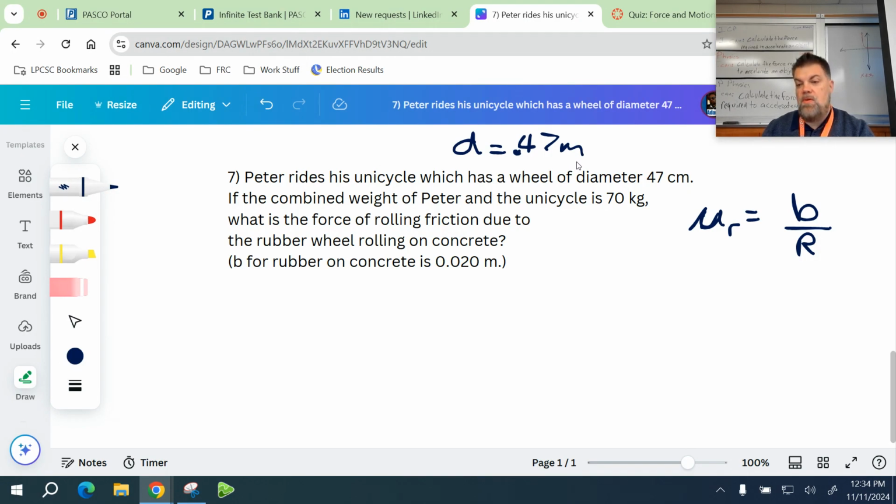And so then 1/2 of that is what the radius would be, which would be 0.235 meters, I think, right?